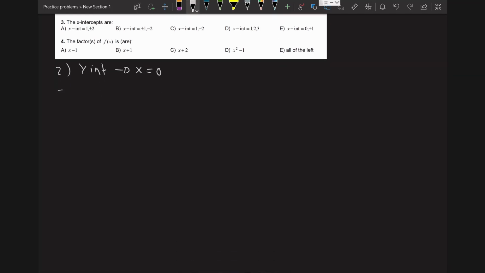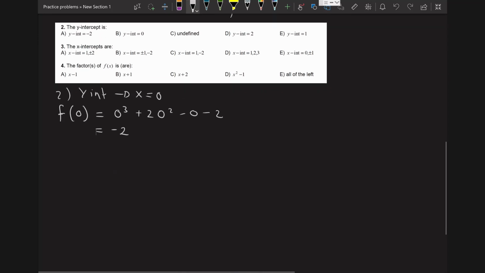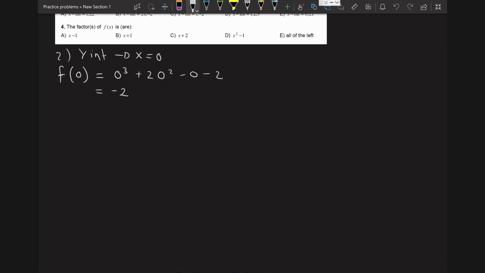So you just sub in 0 in the equation. So f of 0 is going to equal 0 cubed plus 2 times 0 squared minus 0 minus 2, which is equal to negative 2. Therefore, the answer is A, because the y-intercept is (0, negative 2).